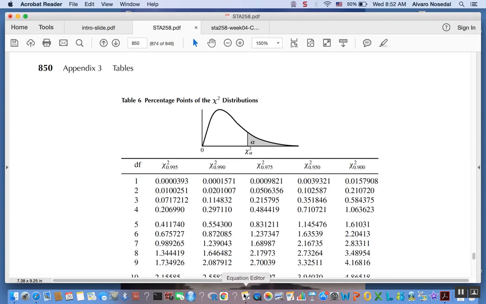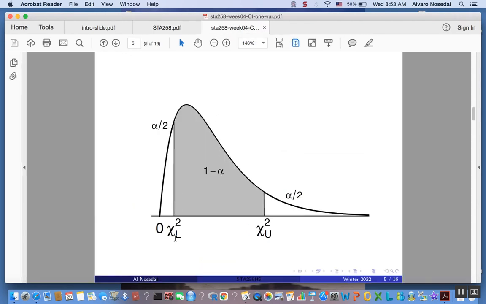So here we go. Again, to the right of chi-square sub L, we have 1 minus alpha divided by 2 to the right. And to the right of chi-square sub U, we have alpha divided by 2.